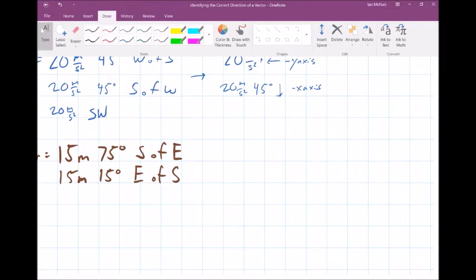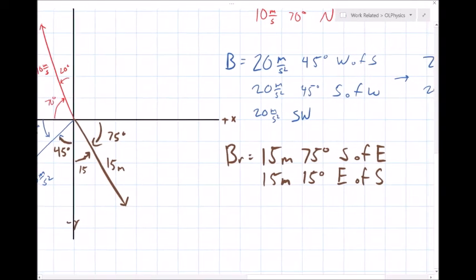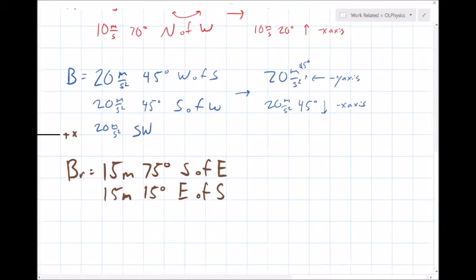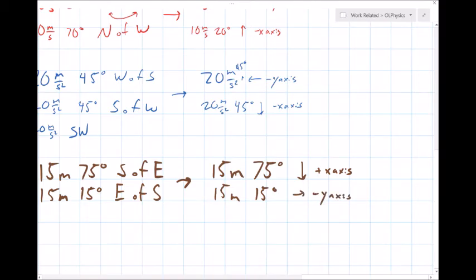And for this last one, for our brown vector, we have that 75, so it's going below the positive x-axis. And this becomes 15 meters, 75 degrees below your positive x-axis, or 15 degrees to the right of your negative y-axis.